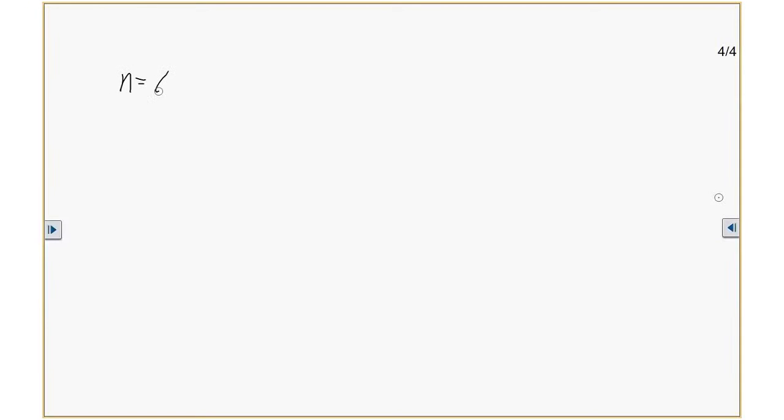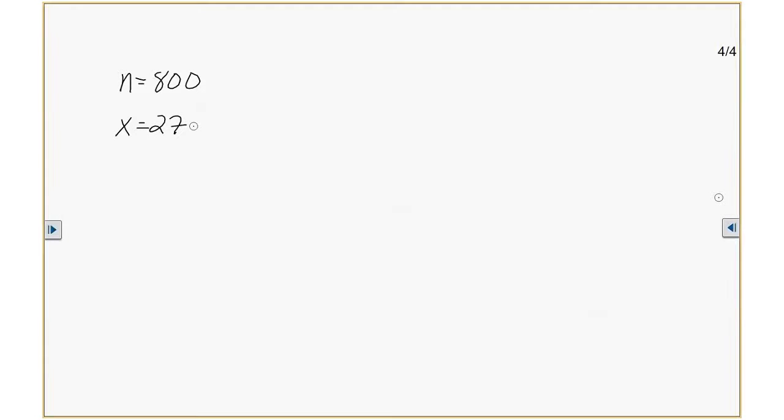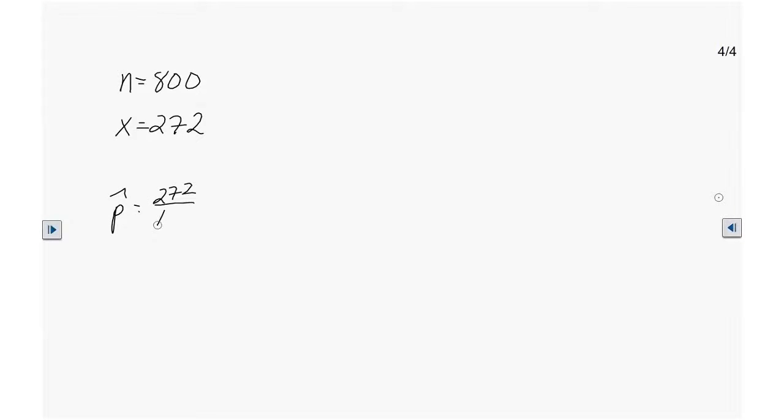n is equal to 800, and x is 272. So p-hat is 272 over 800.